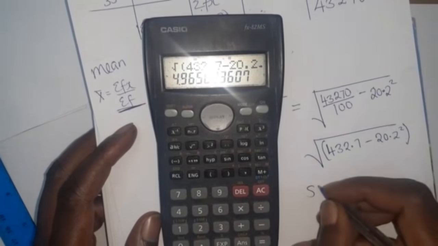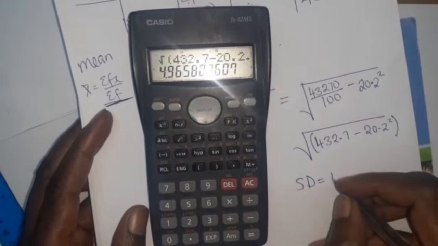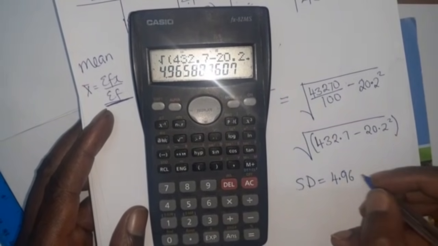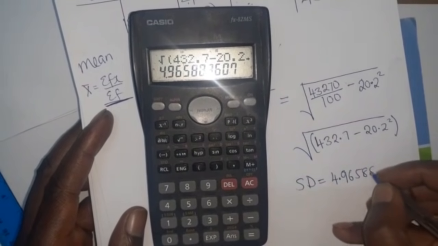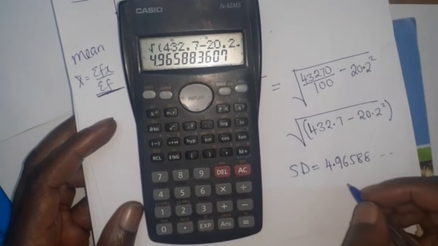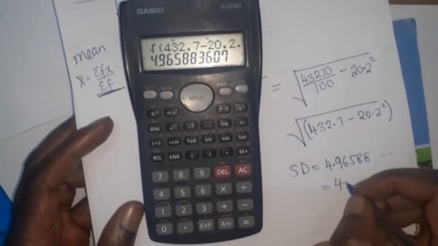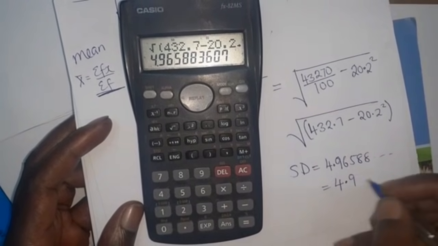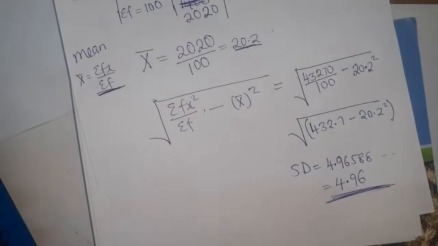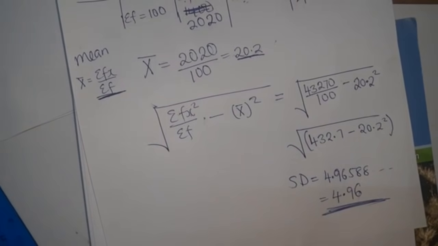I'm going to get that standard deviation is equal to 4.96588 and it goes on. Then you can round off to 3 significant figures, which is going to be 4.96. Okay. So this is what you are basically supposed to do here. We have used the shortcuts in the interest of time. So we can go on to the other part of this question.